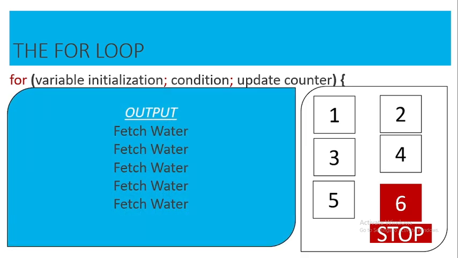At the end of the day, the output is "fetch water" printed to the screen five times, 1, 2, 3, 4, 5, because we started counting from 1.